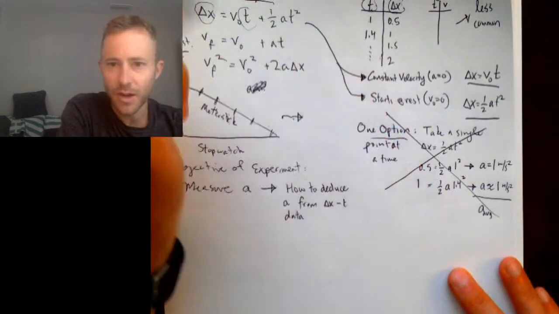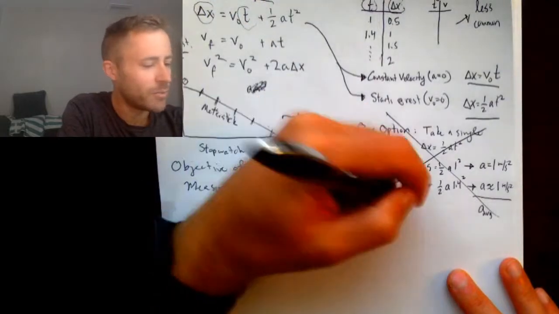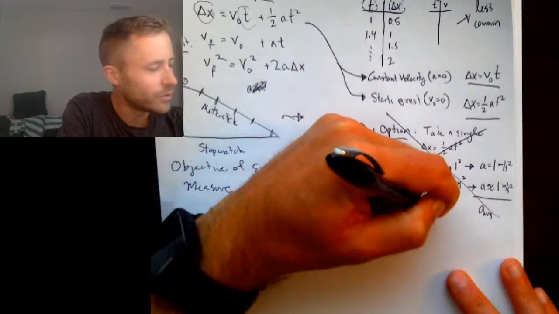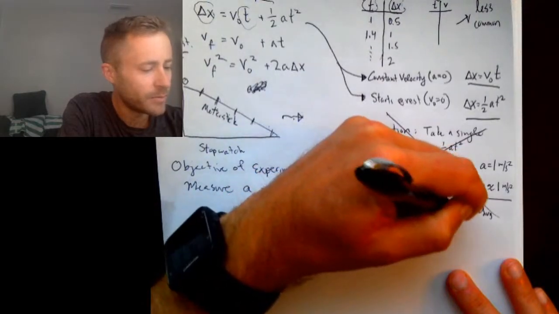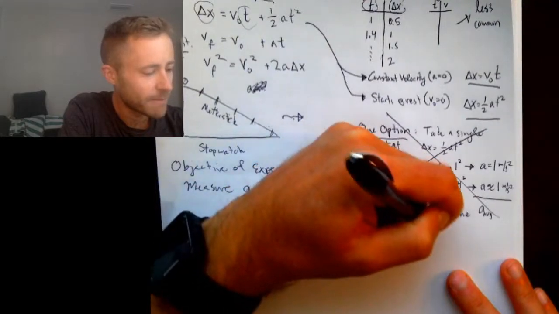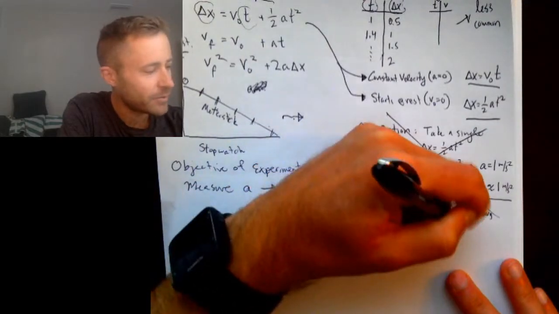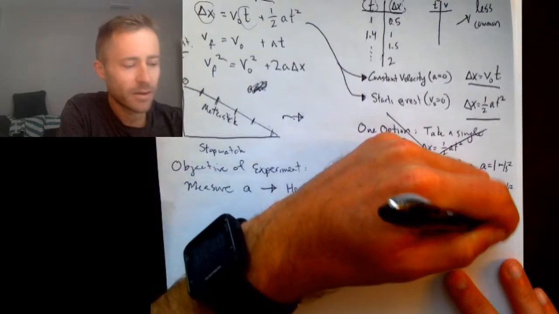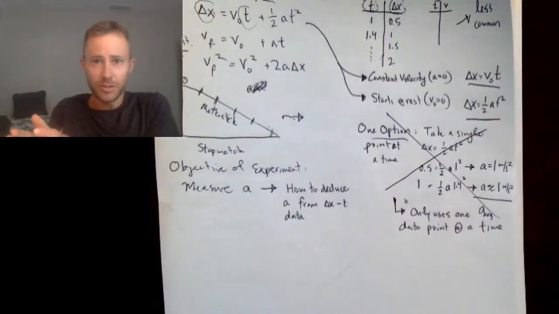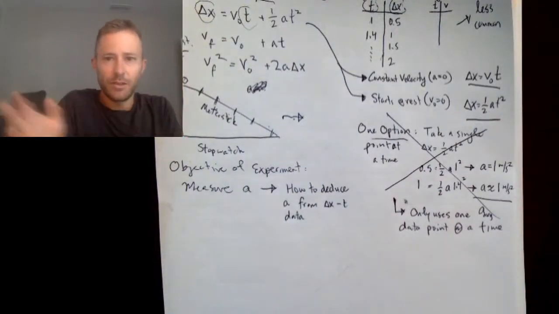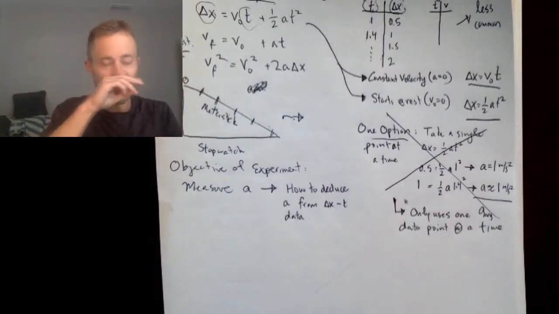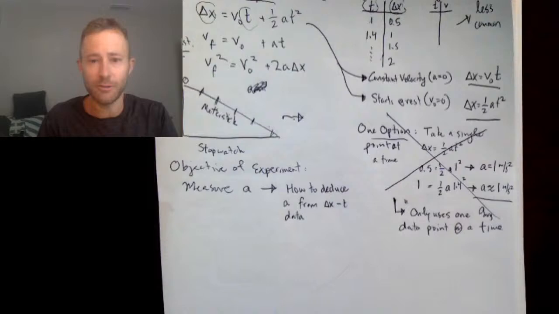Why is this flawed? It's because this method only uses one data point at a time. So if you just take a single position and a single time and you use that to deduce the acceleration, then you take another one, you're only using one data point at a time.